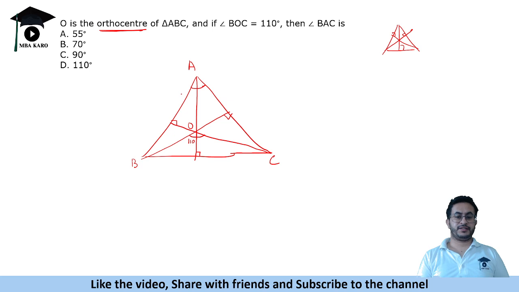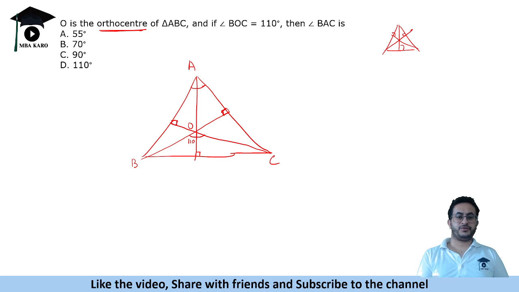So let's understand these angles. This angle is 90 degrees, because this is perpendicular, and this angle is also 90.